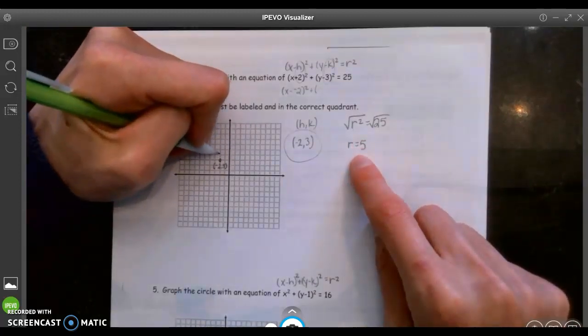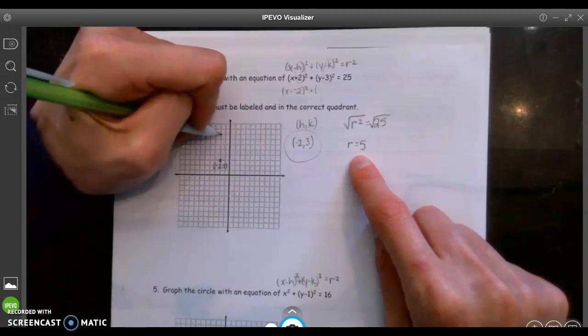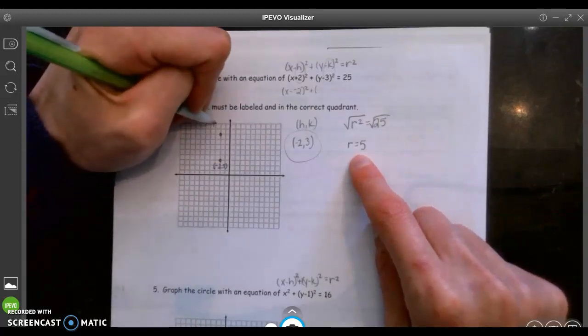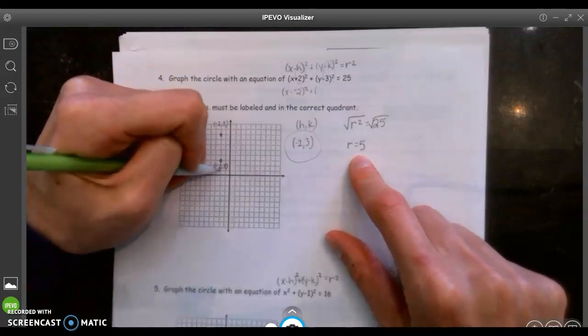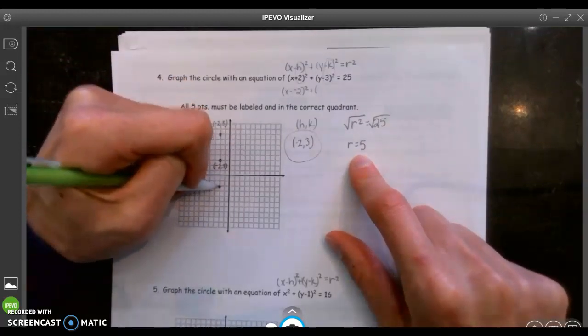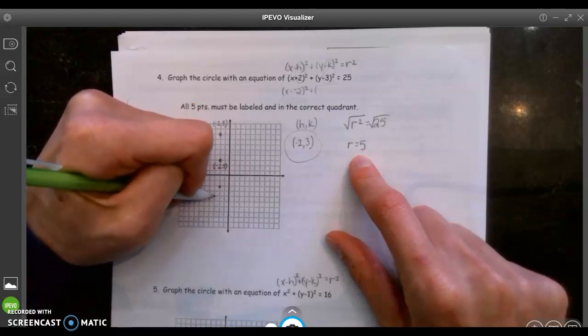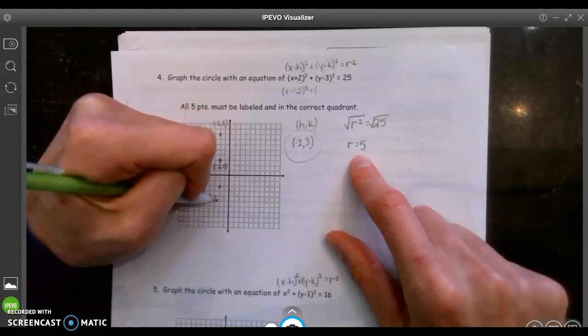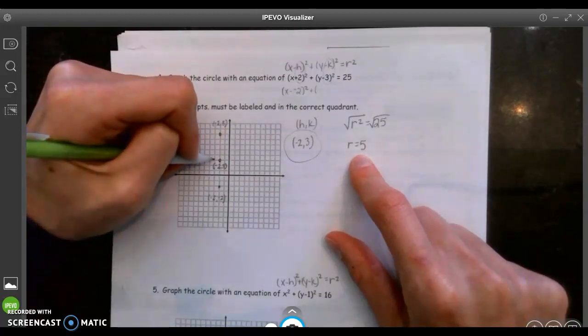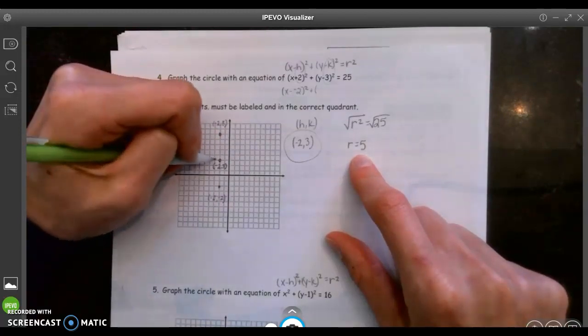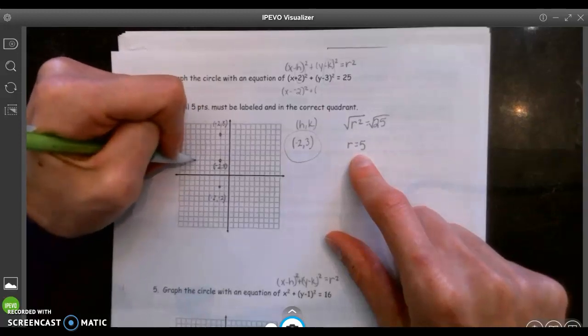I'm going to go up 5, 1, 2, 3, 4, 5 from the center, and that point is -2, 8. I'm going to go down 5, 1, 2, 3, 4, 5, so that's left 2, down 2. I'm going to go left 5, 1, 2, 3, 4, 5.